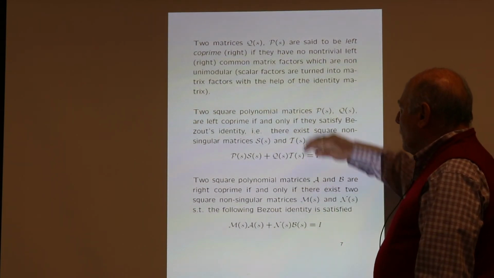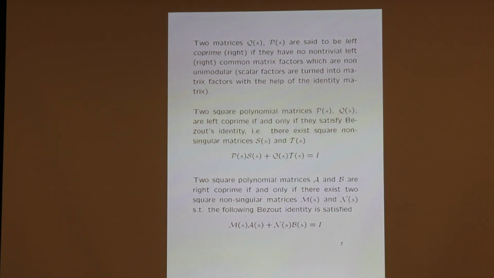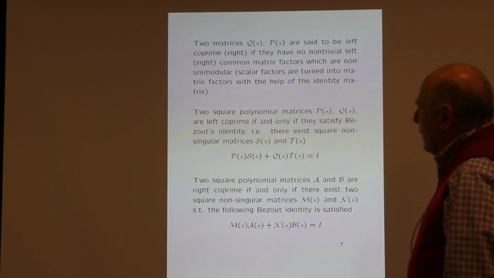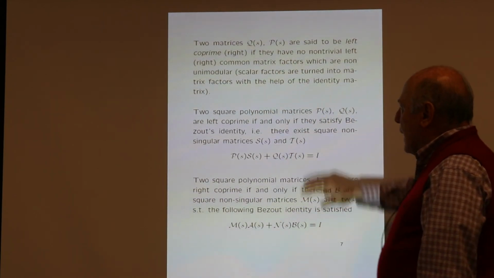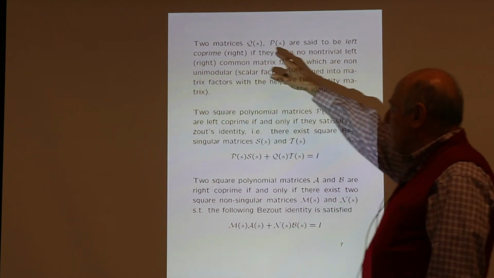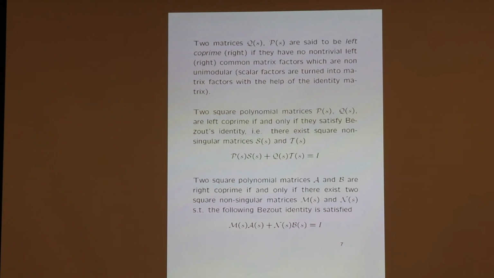So if we have two matrices, they are said to be left coprime if they have no non-trivial left or right common matrix factors which are not unimodular. For instance, a scalar factor is important not to be confused, because of course you can take out a scalar factor, multiplied by the identity, and still get the same thing.